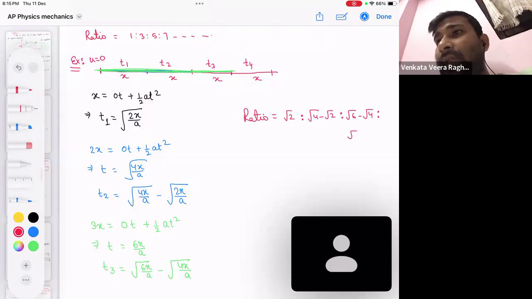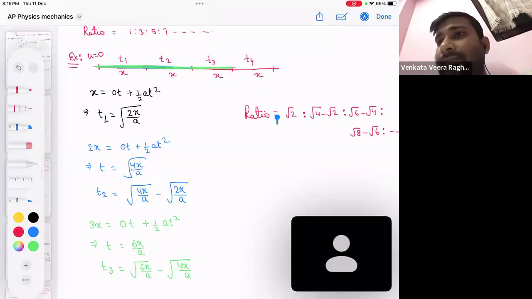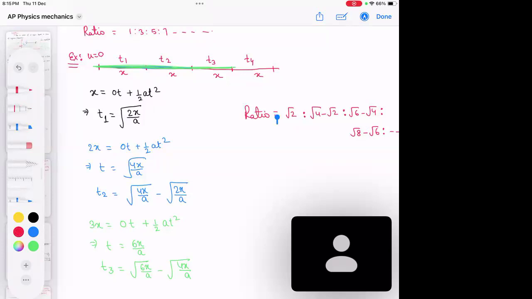Root 8 minus root 6 is to, like that. That kind of order will be maintained. Please tell me, do you understand this one? Yes, sir. So these two questions are what?